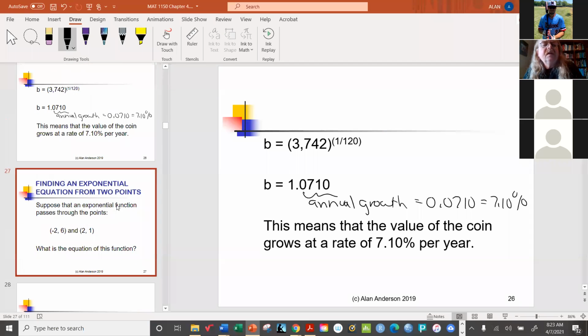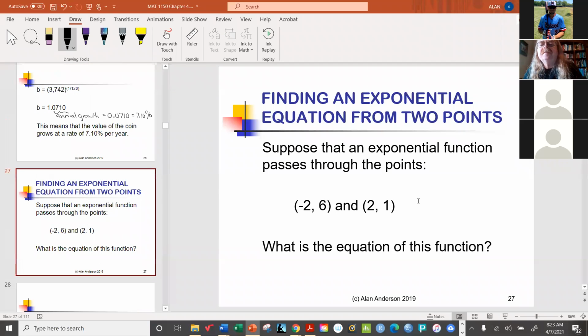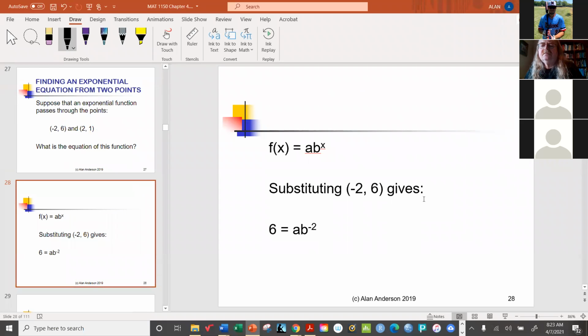But anyway, we did also go through all the steps needed to find an exponential equation from 2 points, which we've done before with linear equations. So if we had 2 points on this exponential function, here it's a little bit messier because the algebra involves a lot of exponents. So for example, here's our starting point.